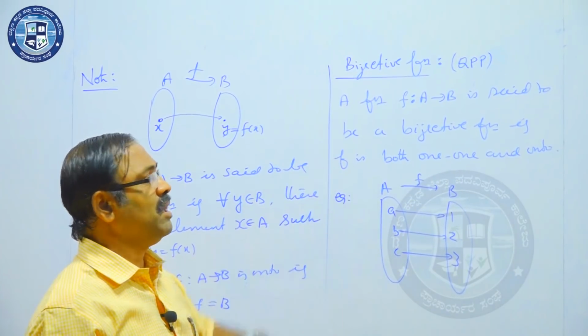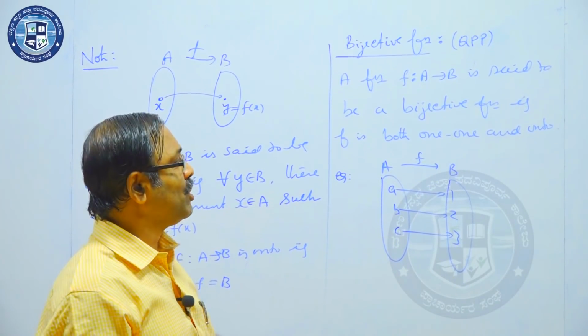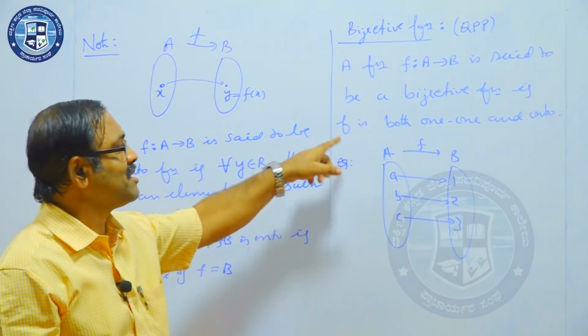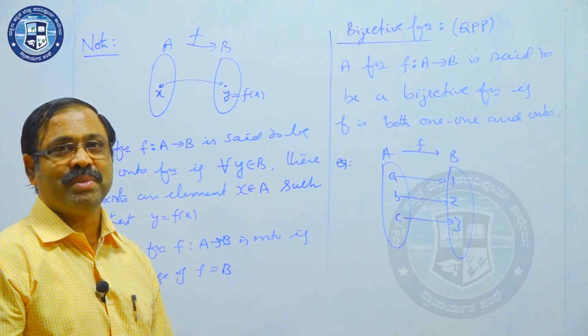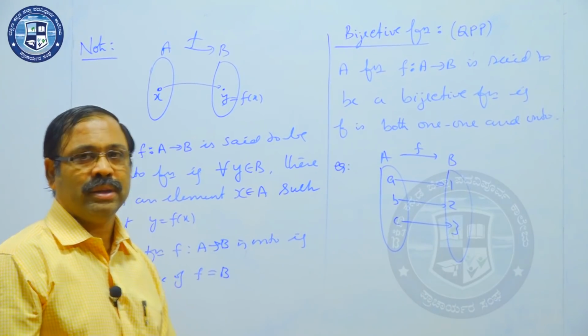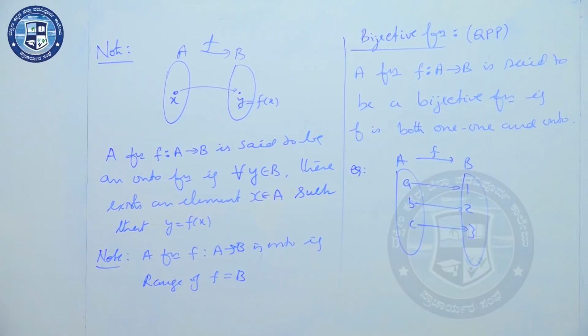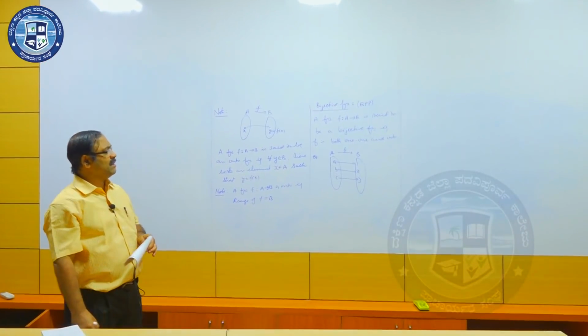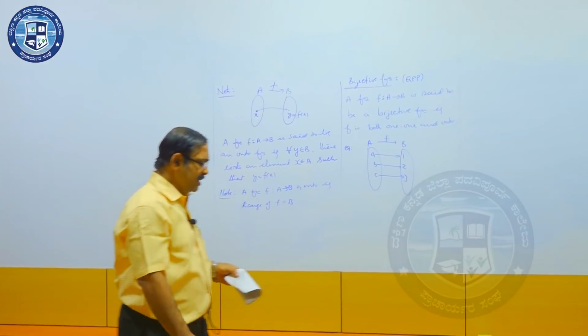Complete definition must be given, okay? We have to give the definition in such a way that the meaning can be understood, so it must be a meaningful expression. Now let us solve problems on these concepts: one-to-one, onto and bijective.